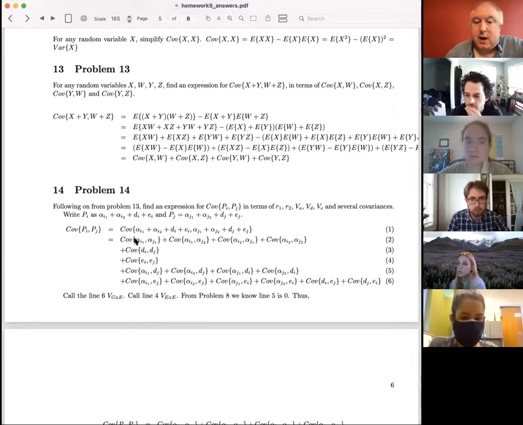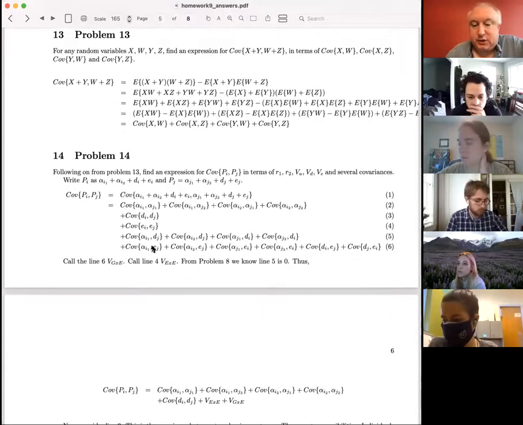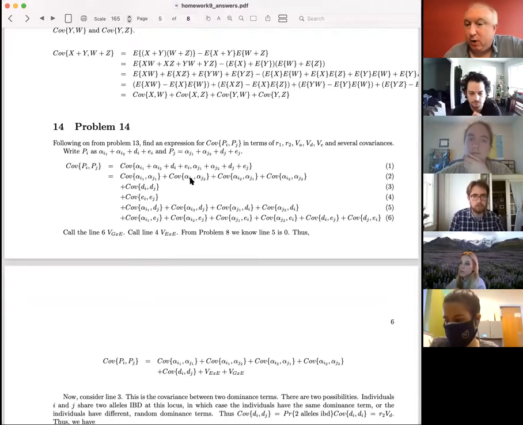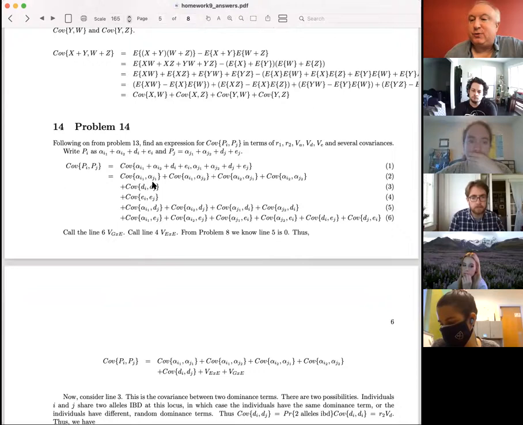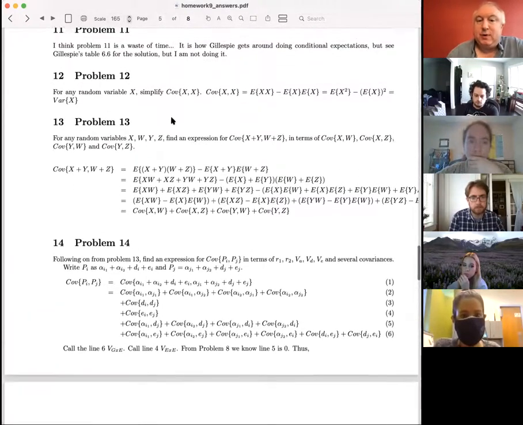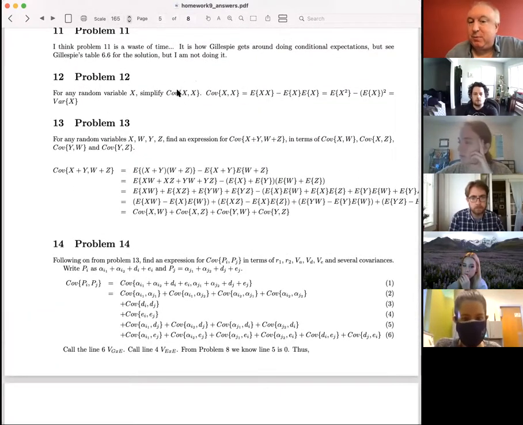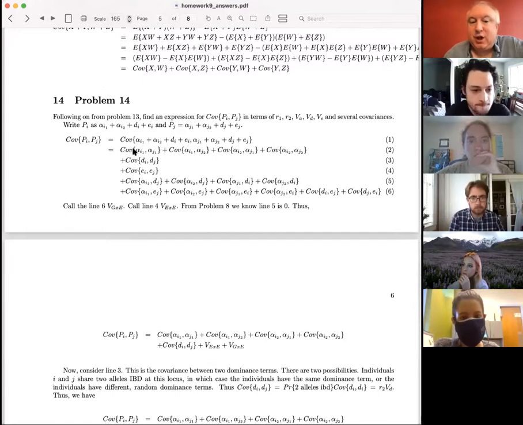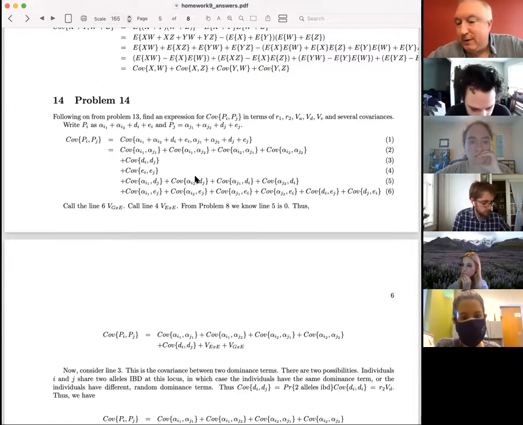And I'm going to make an argument that is going to show that some of these covariance terms are actually variance terms because it is the same allele twice. As we learned here, the covariance of something with itself is a variance, so that if some of these alleles are identical, some of these covariances are not covariances per se, but variances.